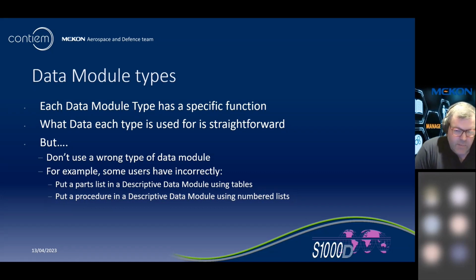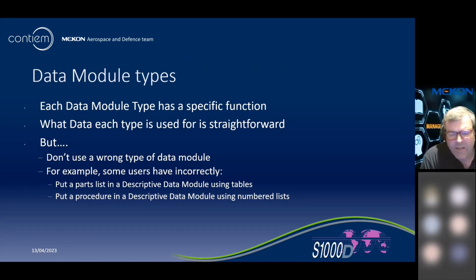It can not only be used for displaying information on screen, but it could, for example, be used to drive a parts management system, like for ordering spares and so on. Now, if you've just used a descriptive data module and you've just used tables or lists for your parts, then you've suddenly lost that functionality.